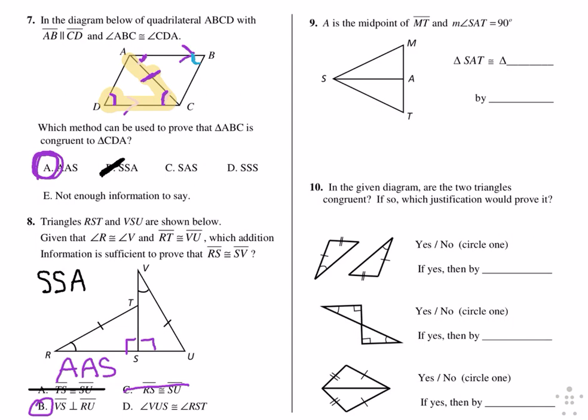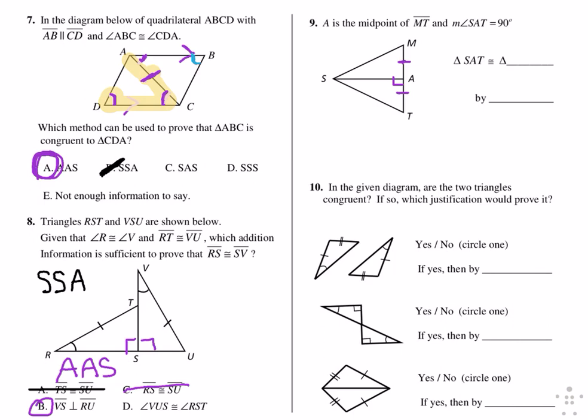So by definition of the midpoint, that means that this side is being directly cut in half. So MT is directly cut in half, so those sides are congruent to each other. And now if we know that the measure of SAT is 90 degrees, right here we can draw our little 90-degree symbol.